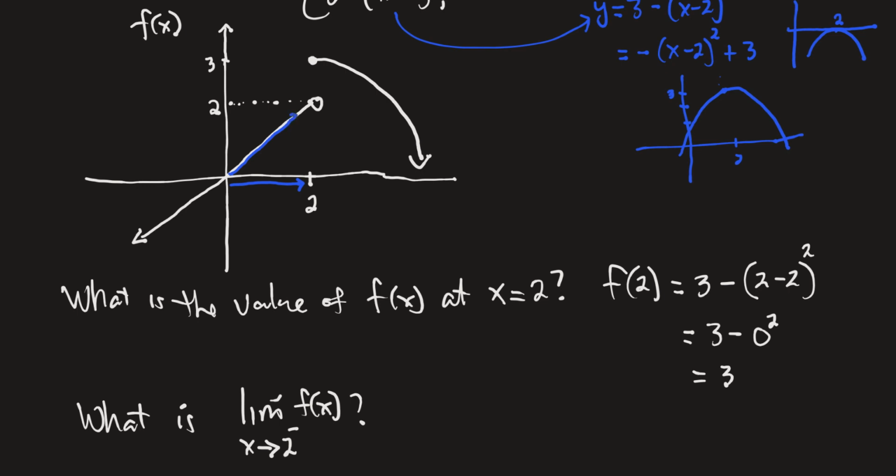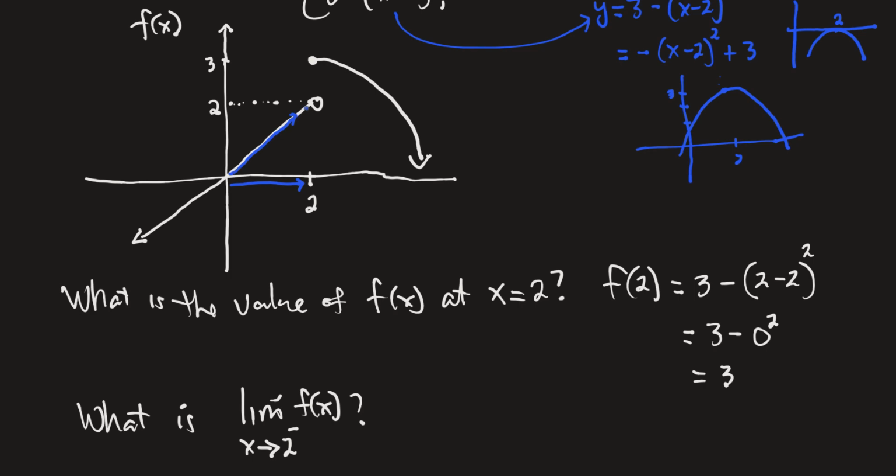And then what I would have to look at is, what are the y values on this portion of the graph approaching? Well, they are getting closer and closer to 2. They never quite get there because of the way the function is defined, and we have that open circle. But as x gets closer and closer to 2 from the left, y gets closer and closer to 2.